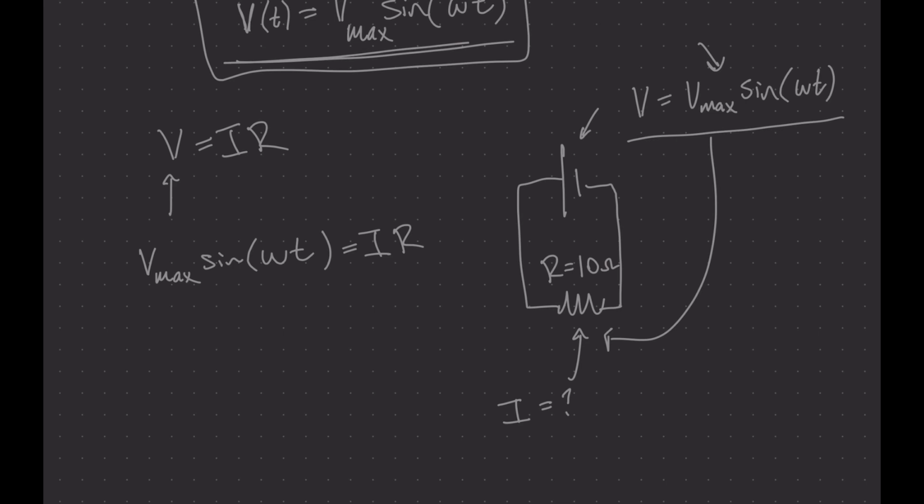Cool. Now, if we are given R, so R is equal to like 10 ohms, for example, normally R is given to you because you can create a circuit and you can buy a resistor with a certain amount of ohms. We can divide this guy over here and get an equation for I. Are y'all okay with this? So if we have this, we can kind of simplify it a bit.